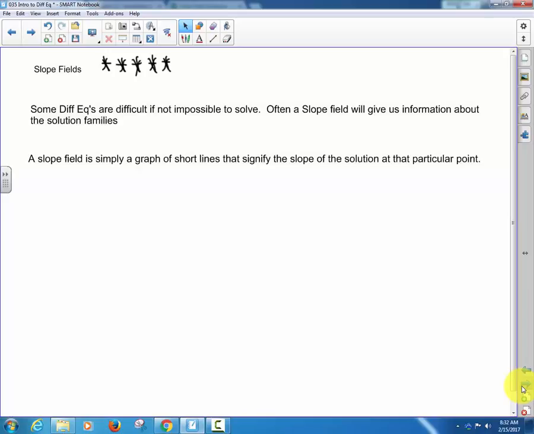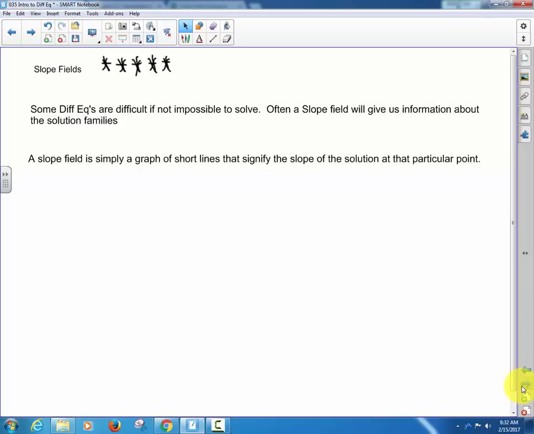But it's simply something that is so difficult to solve that either we can't solve it or solving it would take so much time that we need to know information in a different way a little bit faster. Slope fields are a way to do that. And with a slope field, all we do is take a differential equation and graph it discretely at different points.